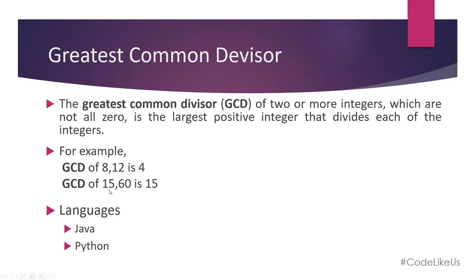If we get 15 and 60, the largest divisible integer for these two is 15. So let's try these two examples through Java and Python in a few methods.